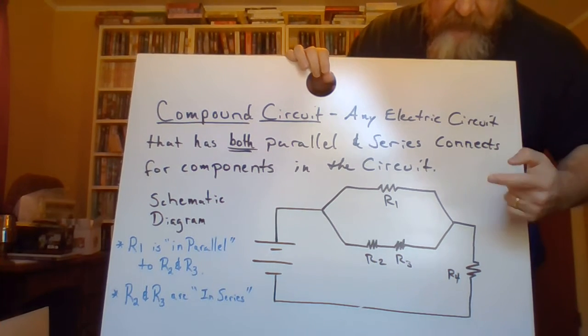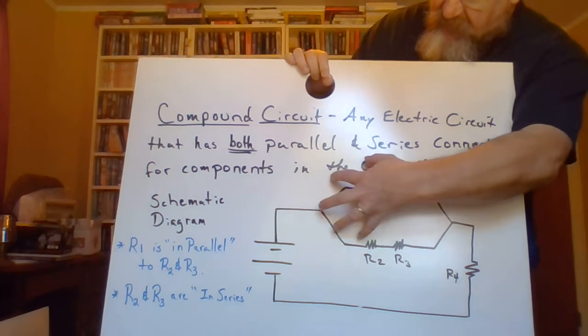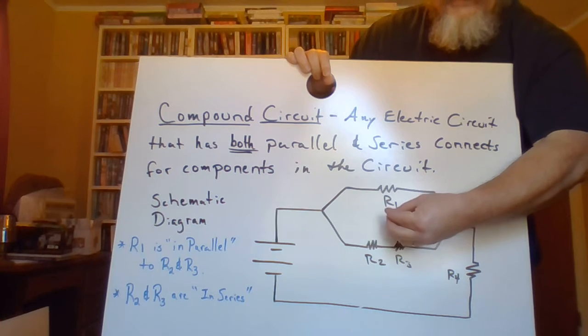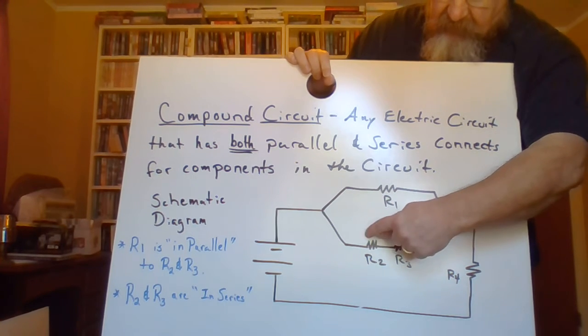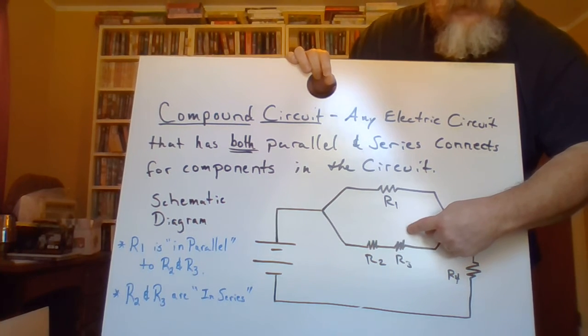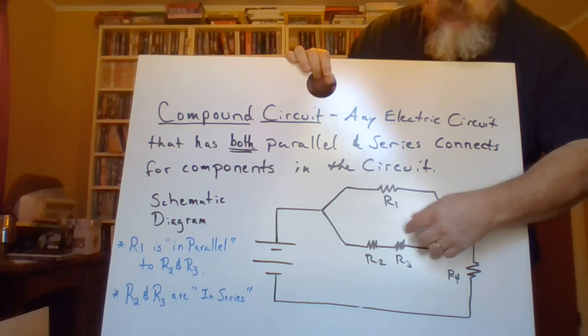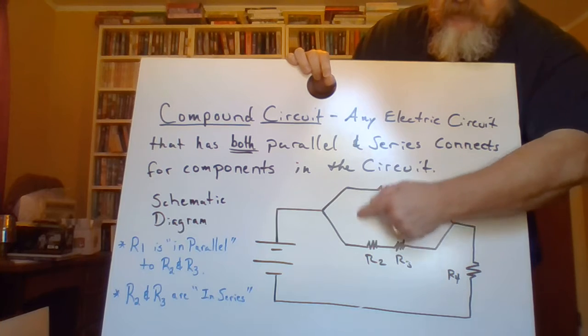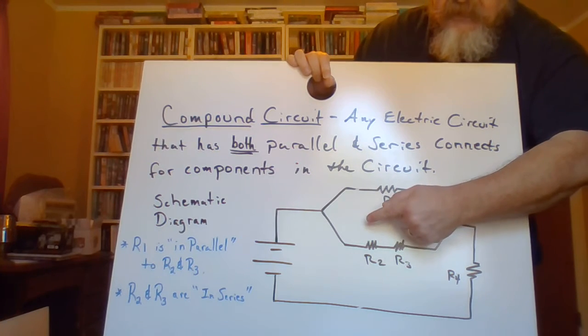Now, if you think about it though, this we could reduce to one resistor. Take the effective resistance of those two resistances and then do the parallel circuit effective resistance equation, and we would get a single resistor value here.